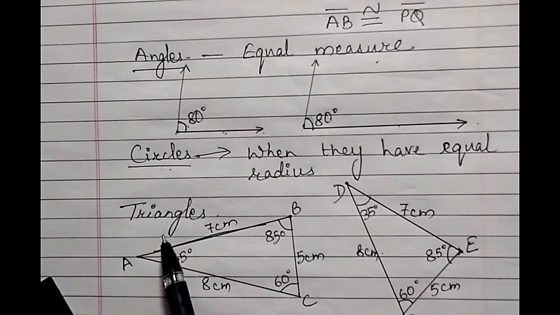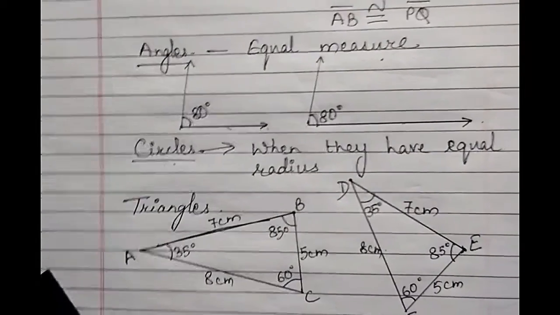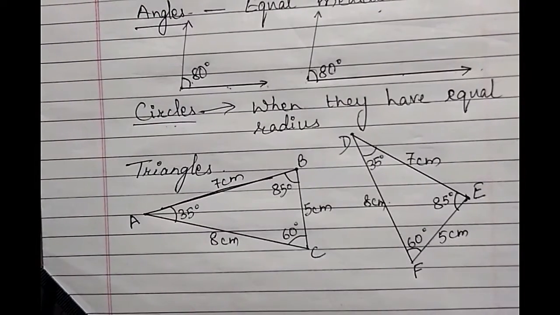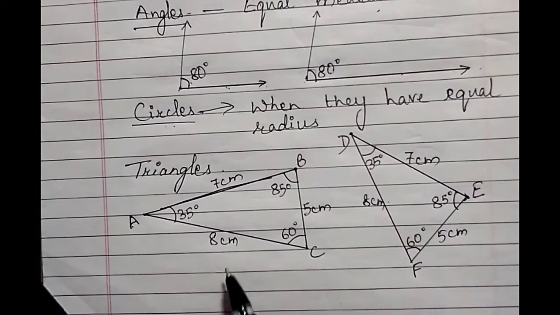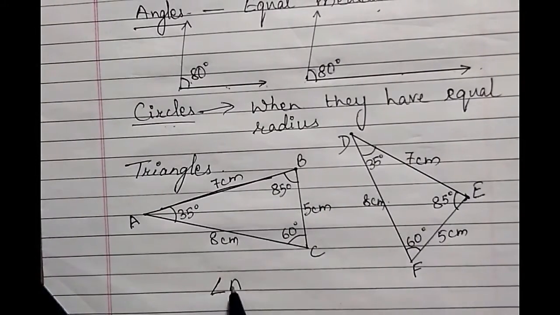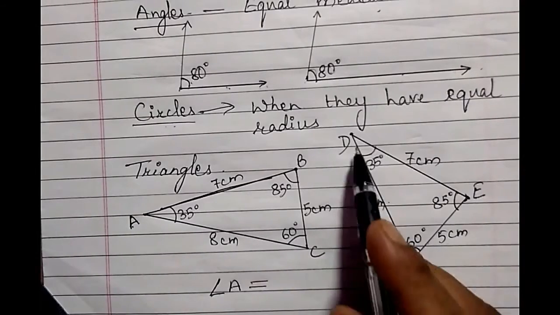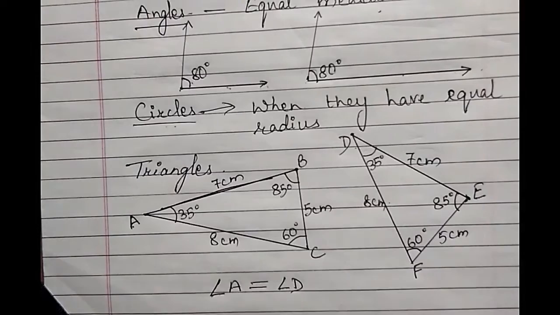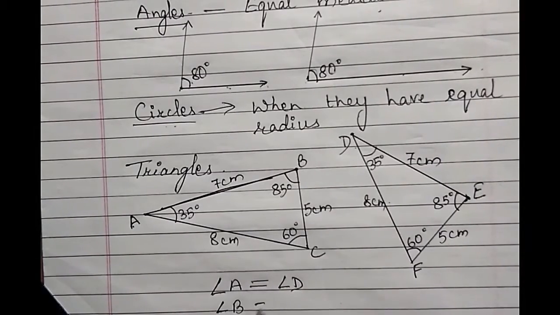Now we talk about triangles. We have two triangles here. If you observe carefully, you will see that angle A is equal to angle D in the other triangle. Similarly, angle B is equal to angle E of this triangle.